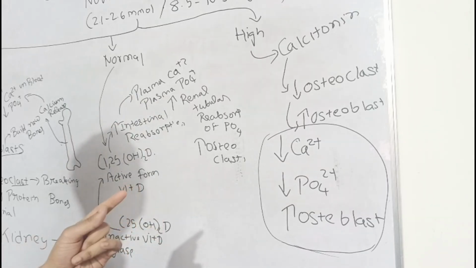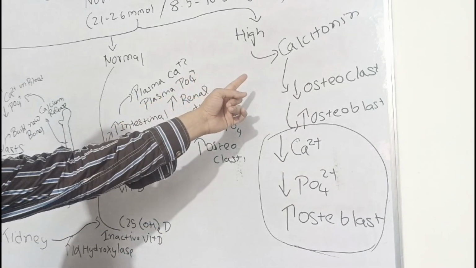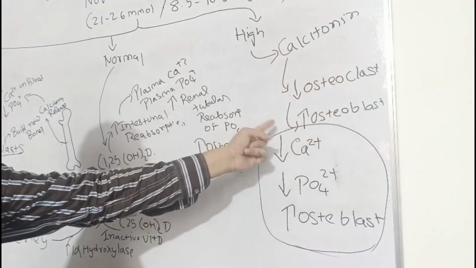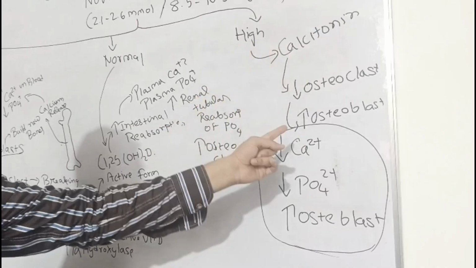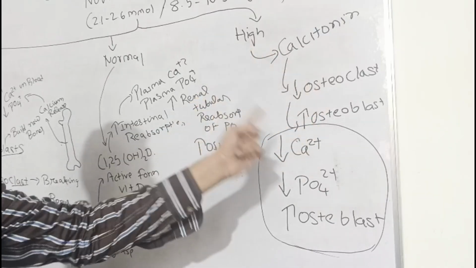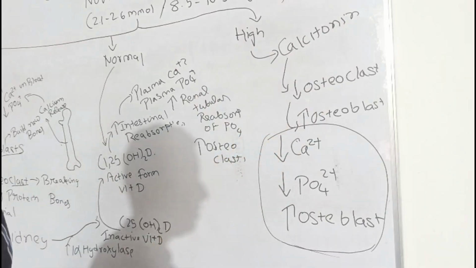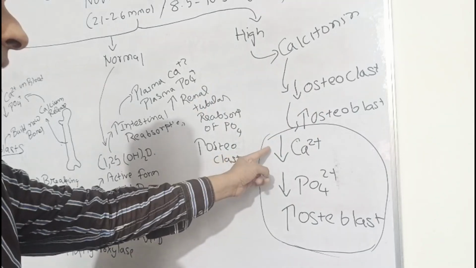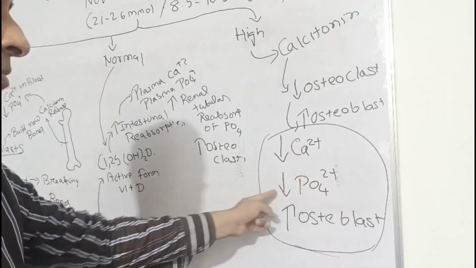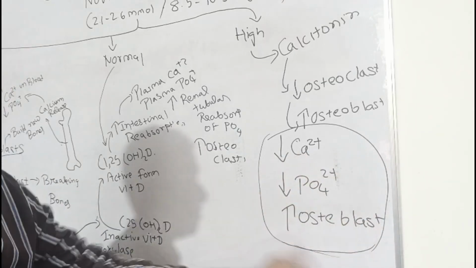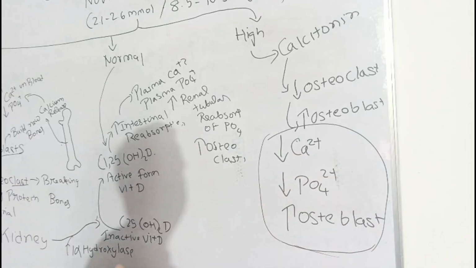So calcitonin comes and closes the osteoclastic activity and increases osteoblast activity in order to lock the calcium and restore it within the bone. Calcium is decreased in blood, and phosphate is also decreased in blood, using osteoblastic activity.